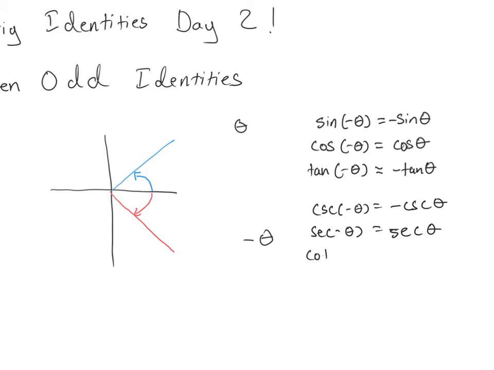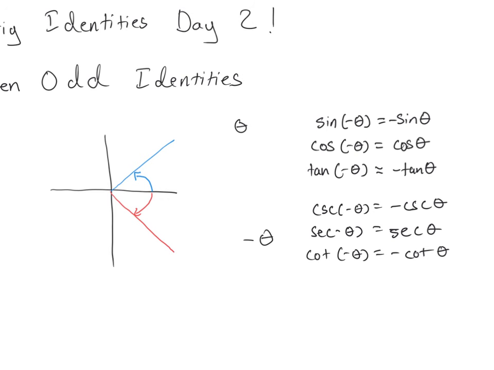And our cotangent will match our tangent. So in this case, with our even odd identities, if we have a negative theta, the signs will change for all except for cosine.